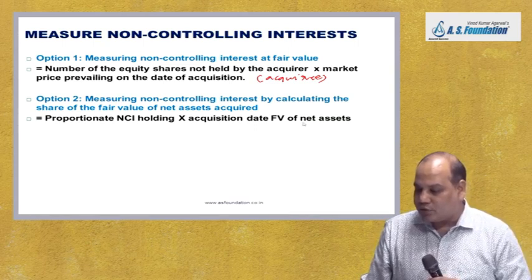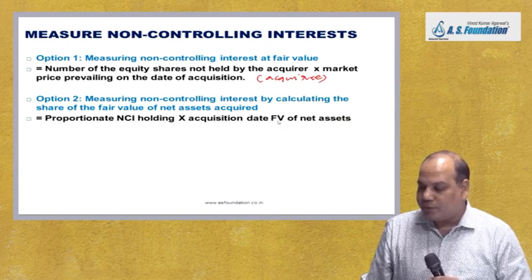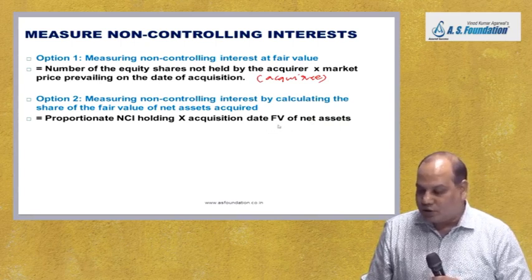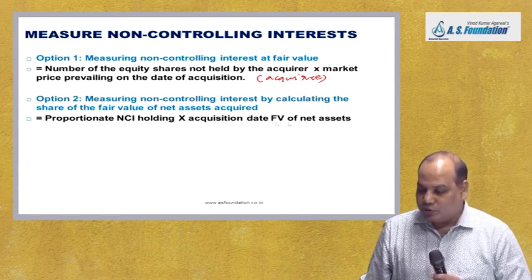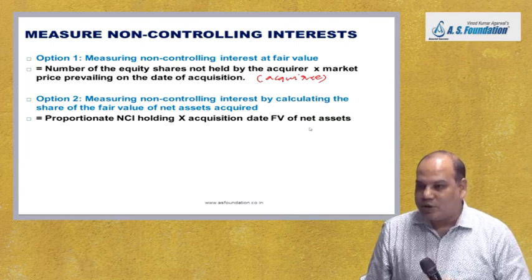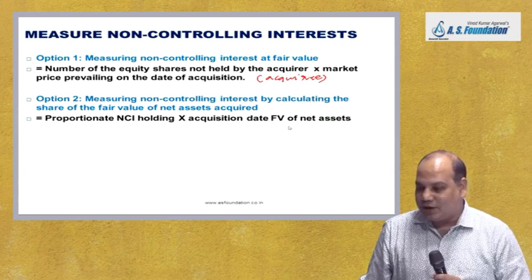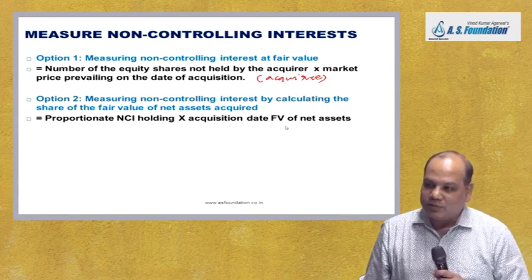On the date of acquisition, you will compute the fair value of the net asset of the subsidiary. Fair value means also take into account any change in the value of any asset or liability. You will also consider any intangible asset which may not be there in the books. You will also consider any deferred tax asset or liability.